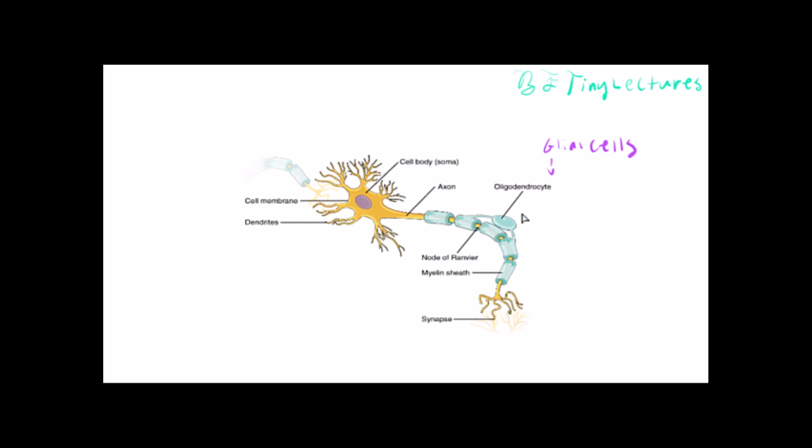So you can think of it being like a parent. So the parent doesn't want the little child to go outside and play without a jacket. I mean, it's like 20 degrees outside. You want the baby to have a jacket, right? And a hat. And so the oligodendrocyte makes sure that the axon has its little jacket.